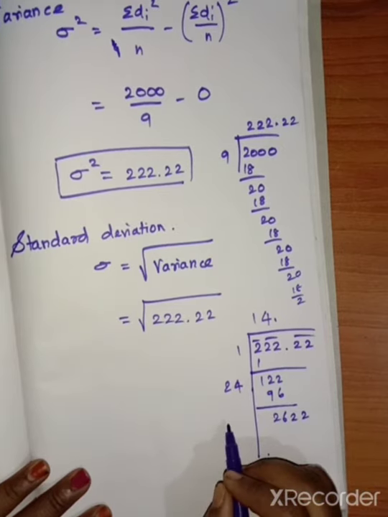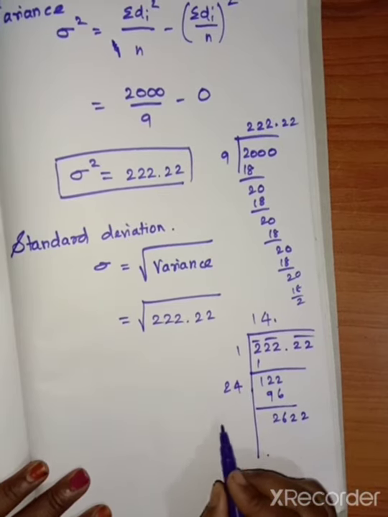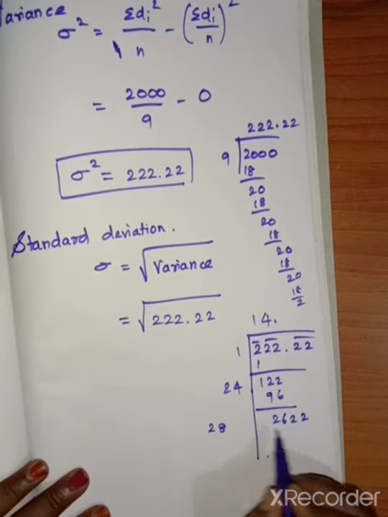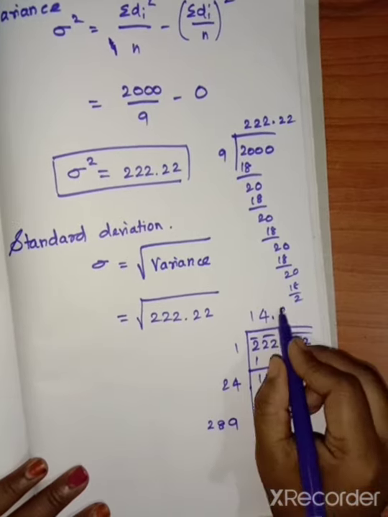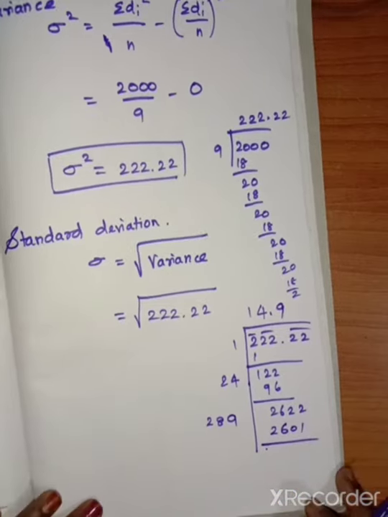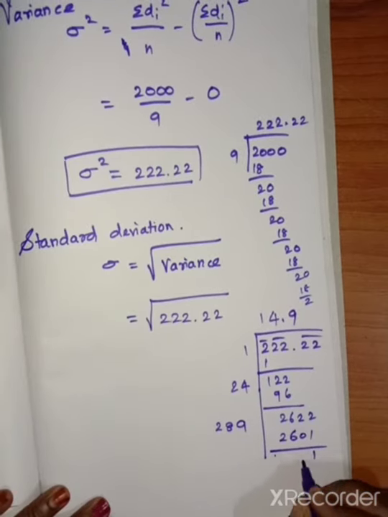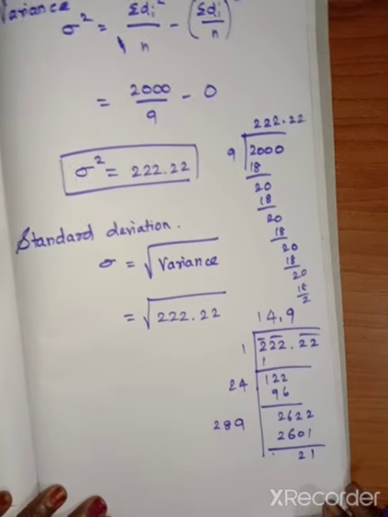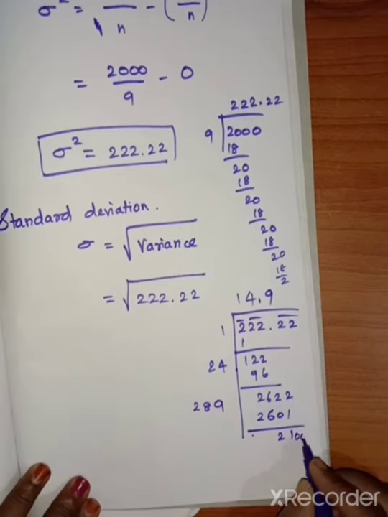Then again we can solve this. 2 if you multiply means 28. So it is possible with the 9 alone. If you multiply we get 2601. If you subtract we get 1, 2. Already the decimal point is there. For the long division we can use 2 zeros.